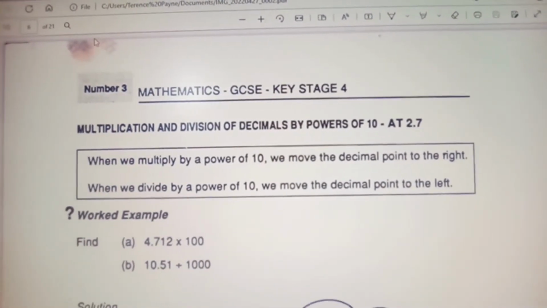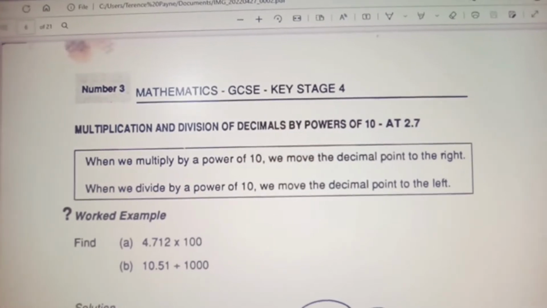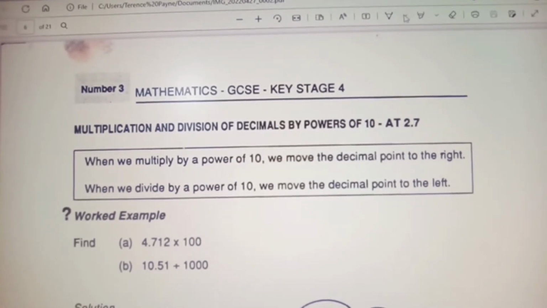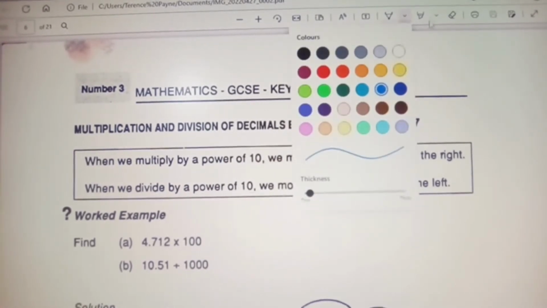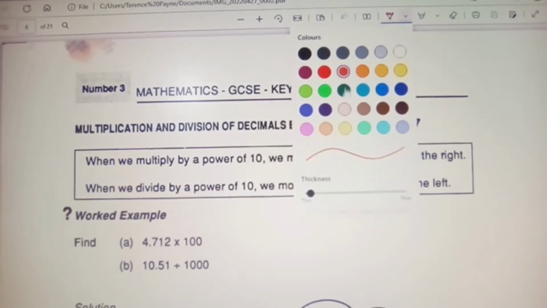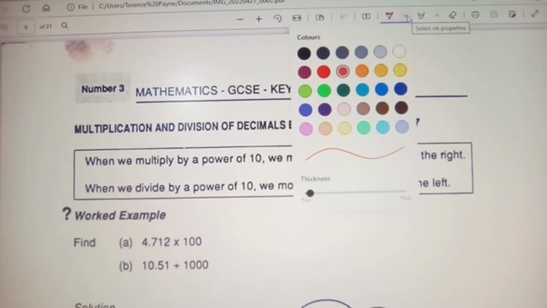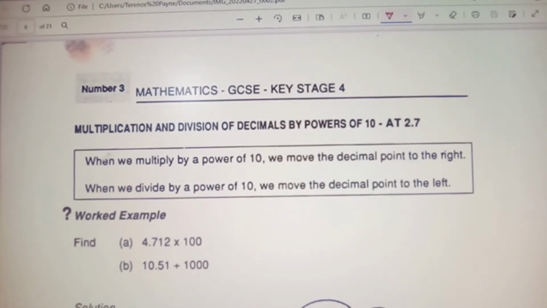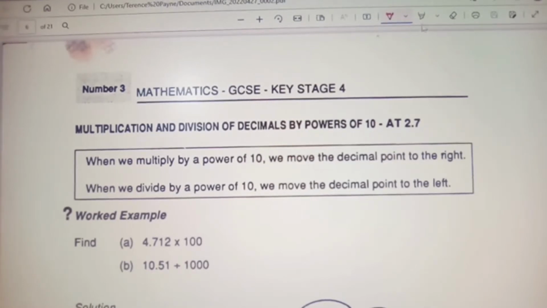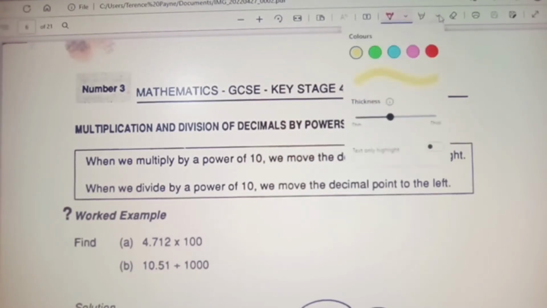Now let me get my pens so we can highlight these things, okay? Bear with me for a second. Let me get my pen. I want these highlighted strongly so that they can be seen. I'm giving myself a brighter color pen. Let me do something a little bit different here.